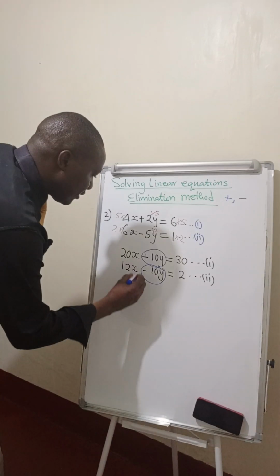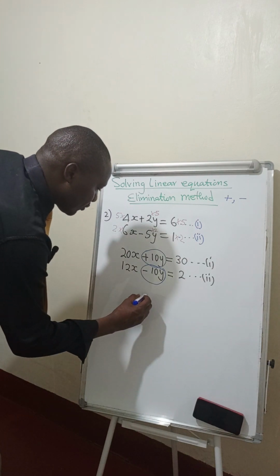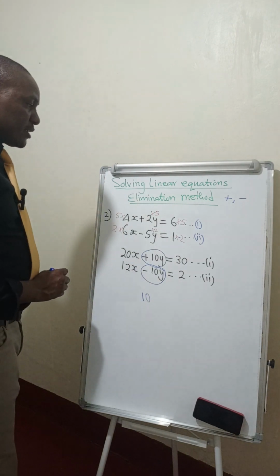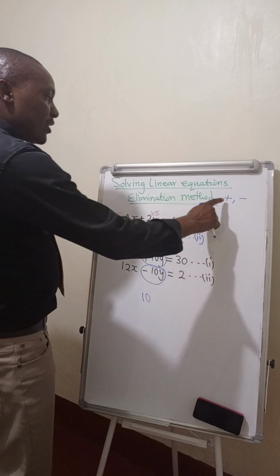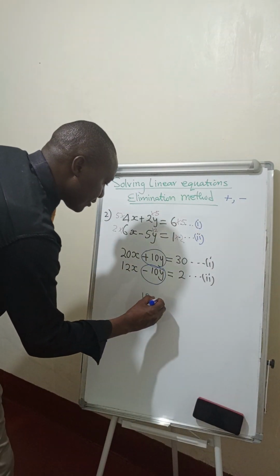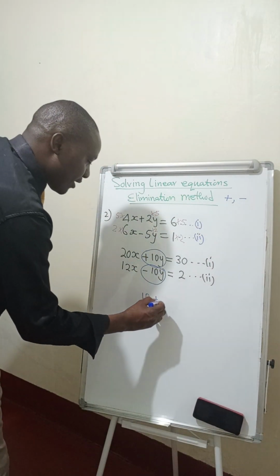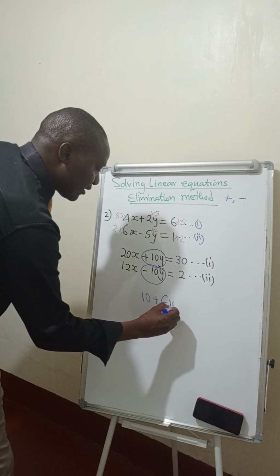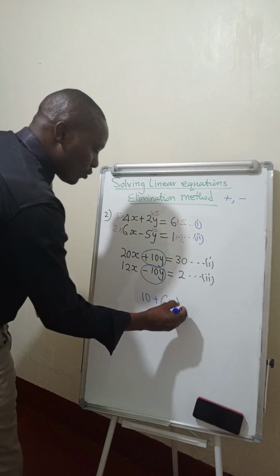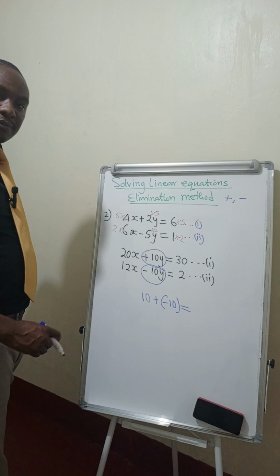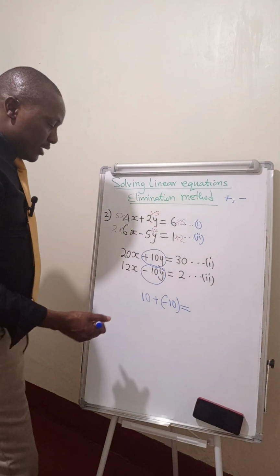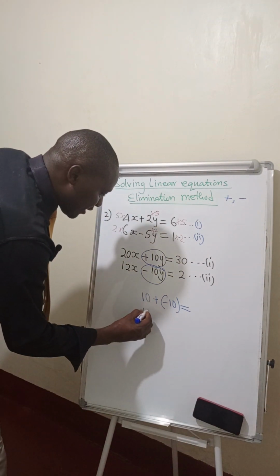If you have this 10, positive 10, I can write it without a sign, right? If I start with addition, I will add this negative number, this negative 10. What will I get? Are you following here? Here we shall have 10.